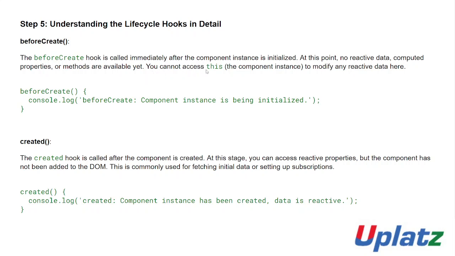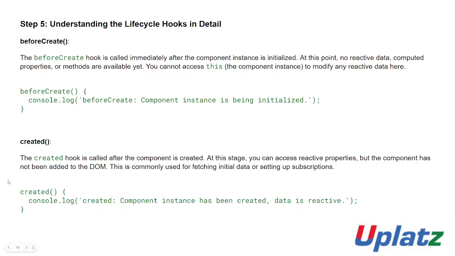You cannot access the component instance to modify any reactive data here. In before create, you cannot access this keyword, the component instance. Console.log before create, component instance is being initialized.